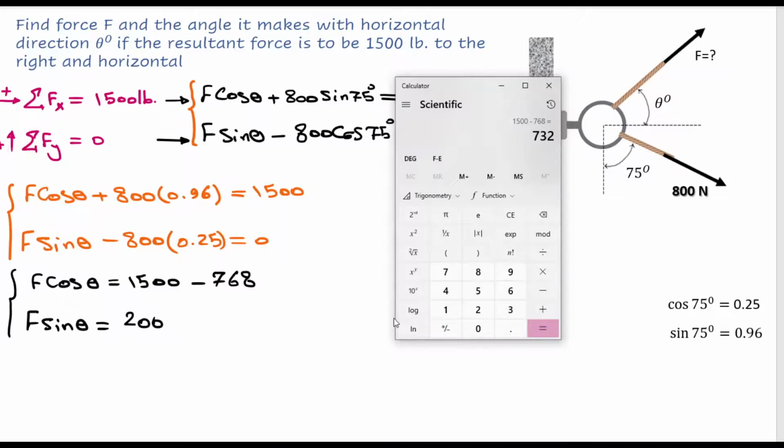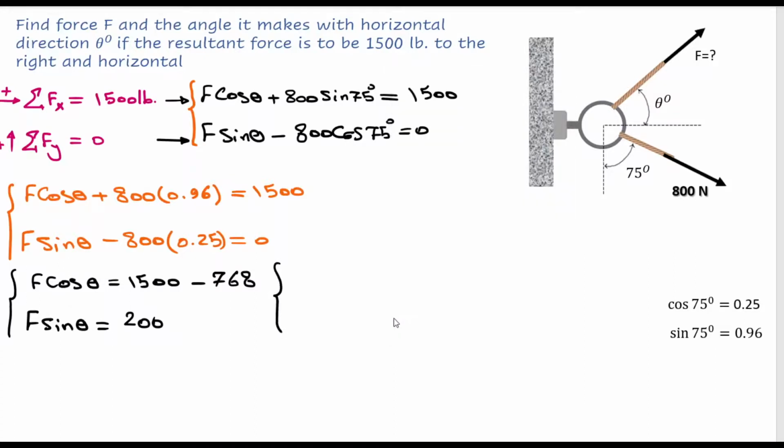So I will have these two equations. 732 is F cosine theta, and F sine theta is 200.